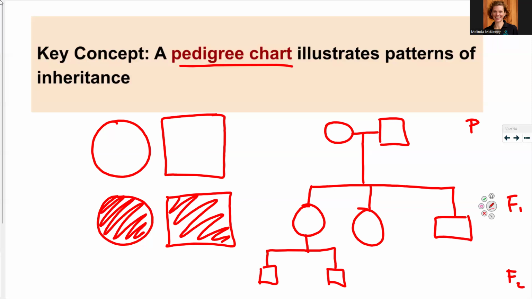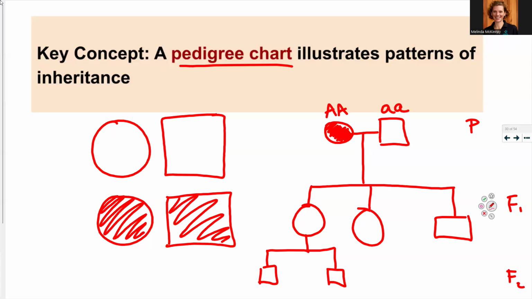So if we have a dominant trait represented here with the female, let's just say capital A, and we cross that with a recessive trait over here, lowercase a, lowercase a. So these are both homozygous.